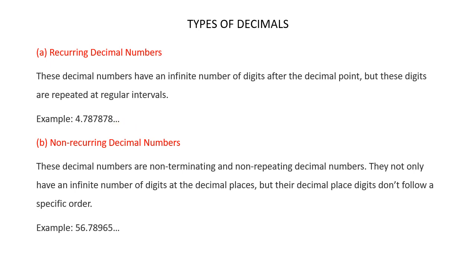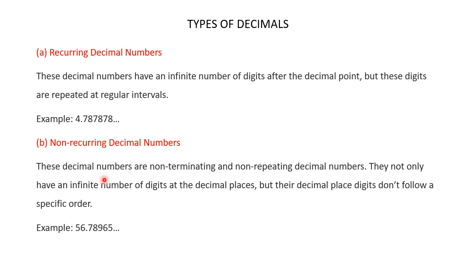Moreover, the digits 7, 8 are repeated at regular intervals: 7, 8, 7, 8, 7, 8, and so on. So since this decimal number has an infinite number of digits after the decimal point and the digits are repeated at regular intervals, this number is a recurring decimal number.